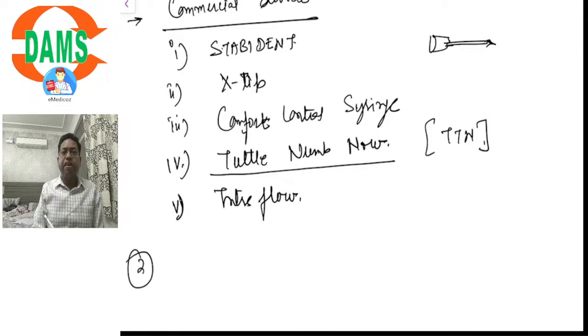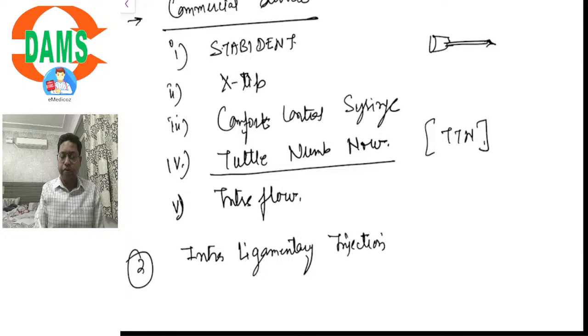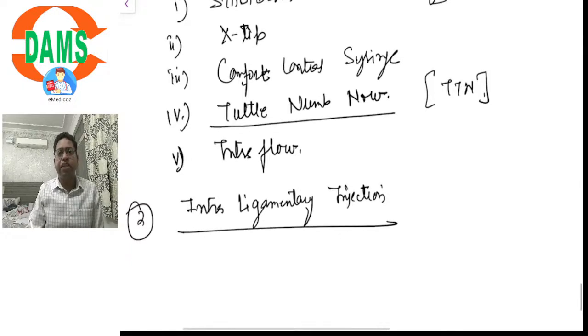Then the second supplemental technique is intraligamentary injection. It is abbreviated as IL. Intraligamentary injection is considered to be a type of intraosseous injection only.